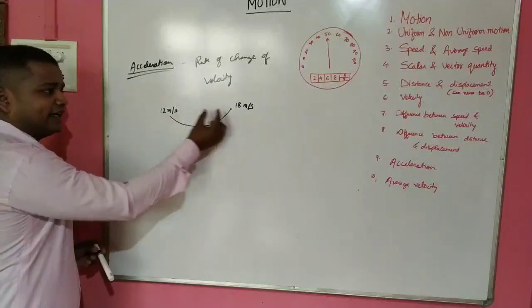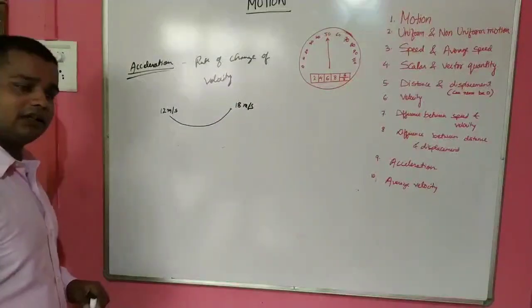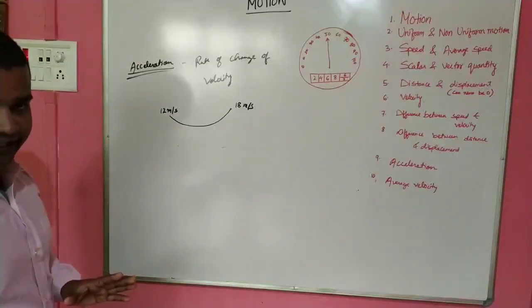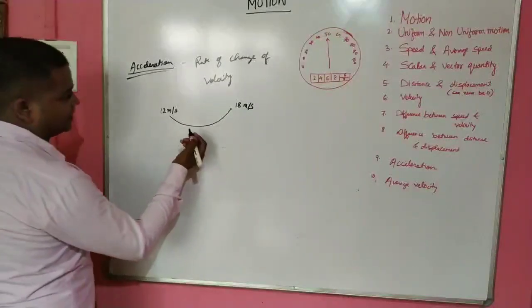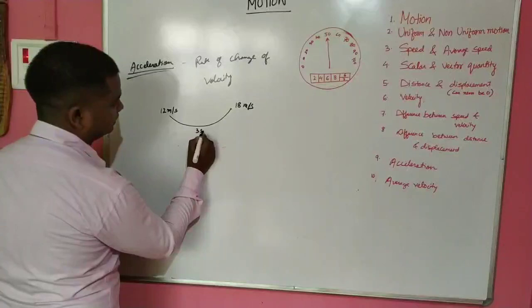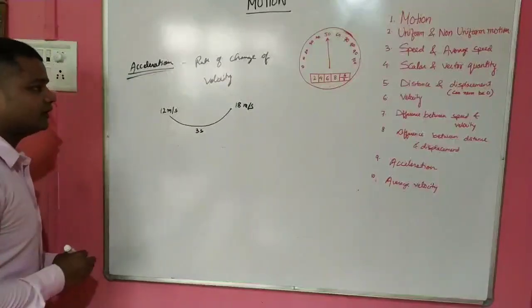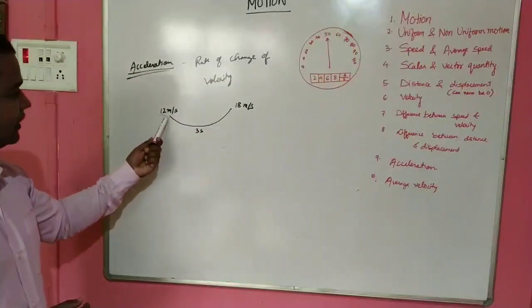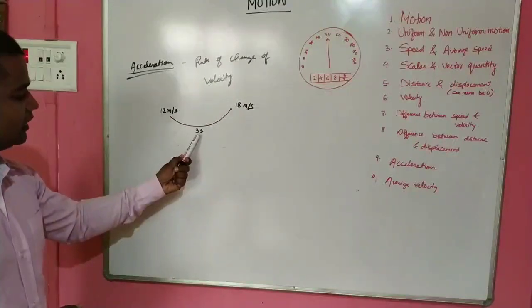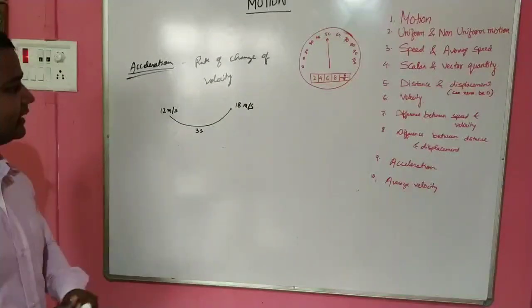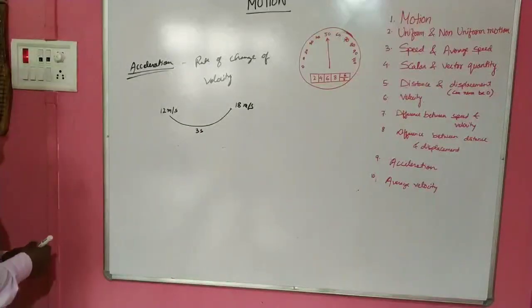From 12 meter per second to 18 meter per second, obviously it will take some time. Say 3 seconds. So the time required is 3 seconds. So what is the change in this case?